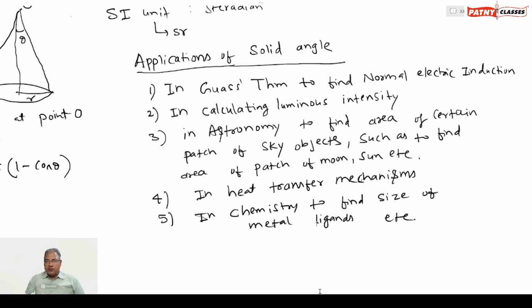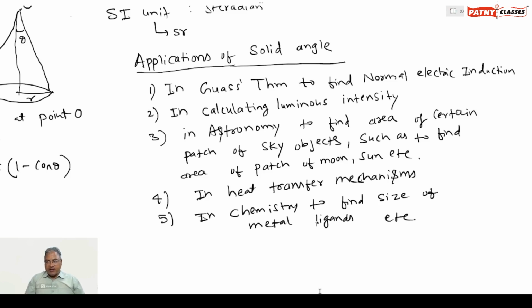And the third one: suppose you are observing the moon from the surface of the earth, and you would like to know the surface area of a particular part of the moon, or of the sun, or some other planet. So how to find that? That can be obtained easily with the help of solid angle.